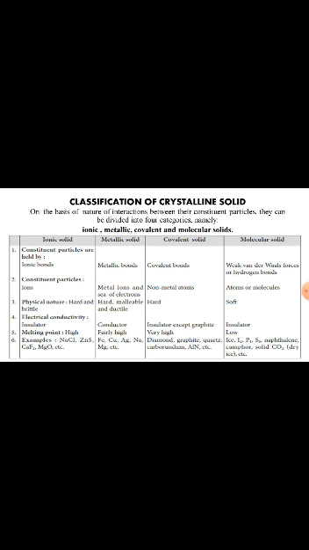but when dissolved in aqueous solution or in molten state, ionic solids are good conductors because ions are free to move. Next, melting points. As you know the force is strong, that's why they have high melting points.